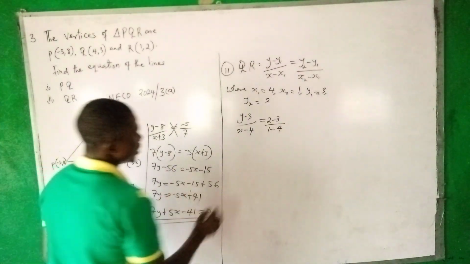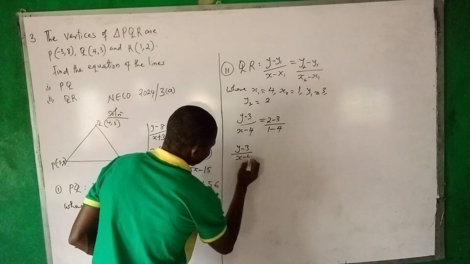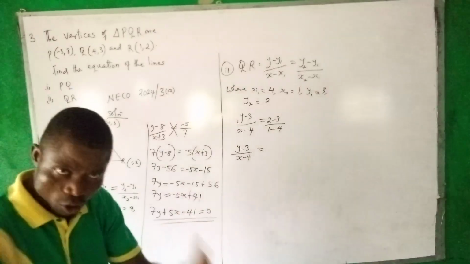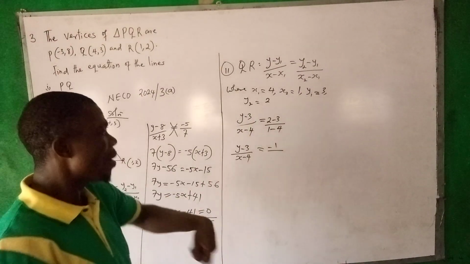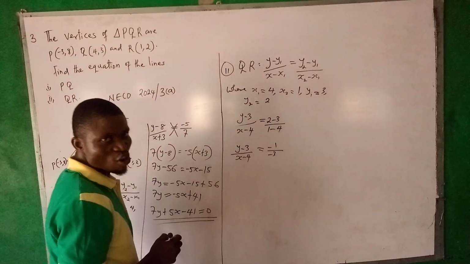Now let's keep solving. We have (y - 3)/(x - 4) equal to (2 - 3)/(1 - 4), which is -1 over -3. Are you following me now?